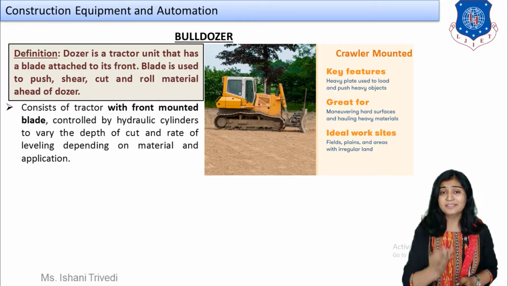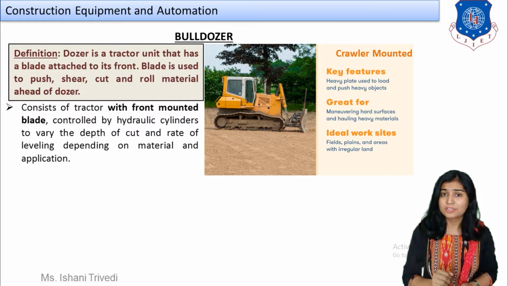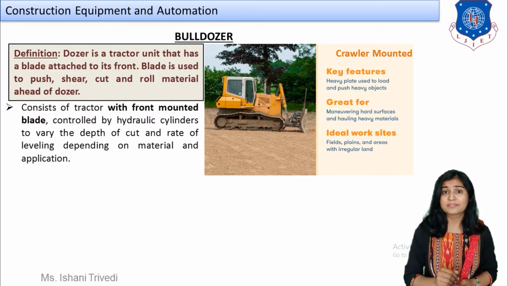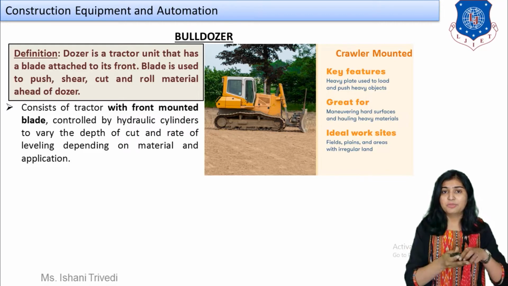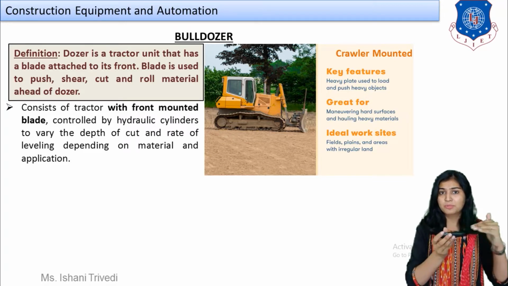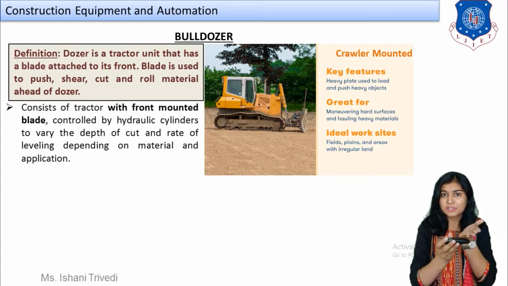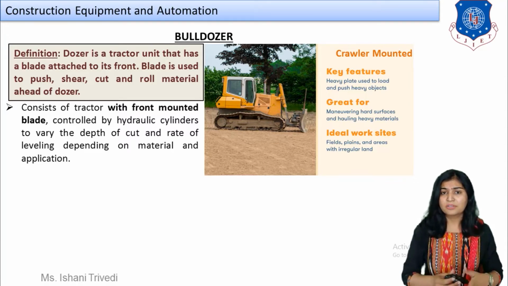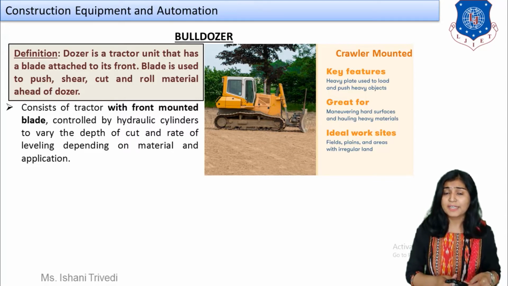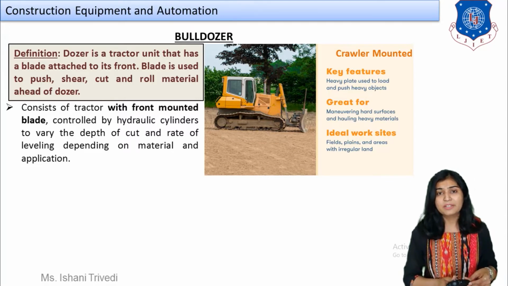This is the internal mechanism of the bulldozer. It is controlled by hydraulic cylinders to vary the depth of cut, right? It depends how much depth of cut you are taking. When you are moving a bulldozer and cutting a layer of soil together, this will be your depth of cut. How deep are you going? So it depends on the depth of cut and rate of leveling, depending on material and application.